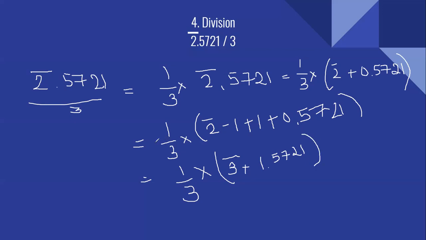Now what we do is we open the bracket. So now we have 1 by 3 multiplied by 3 bar plus 1 by 3 multiplied by 1.5721. If we divide 3 bar by 3, we get 1 bar, which is the basic rule of division.